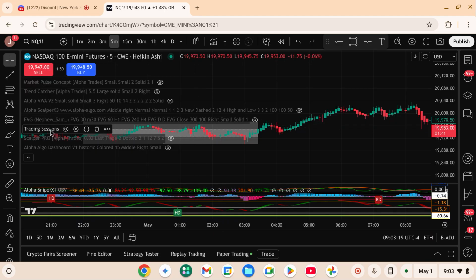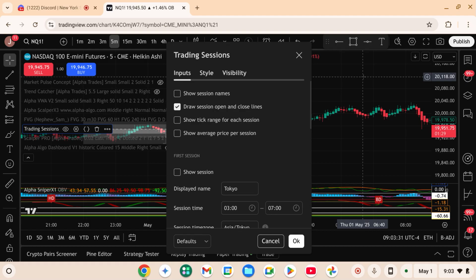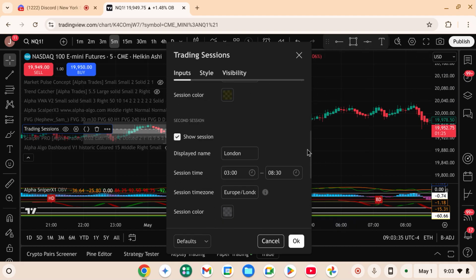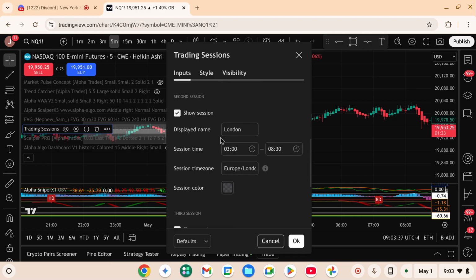And if you need the settings for that on this indicator, you should already have it since we've been trading the same way for a couple months now. If you go on here and just scroll down, you have your London session here.